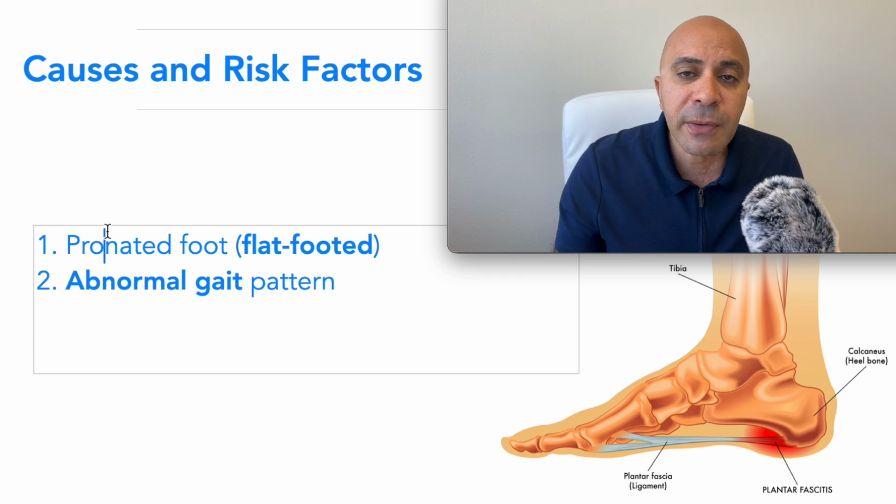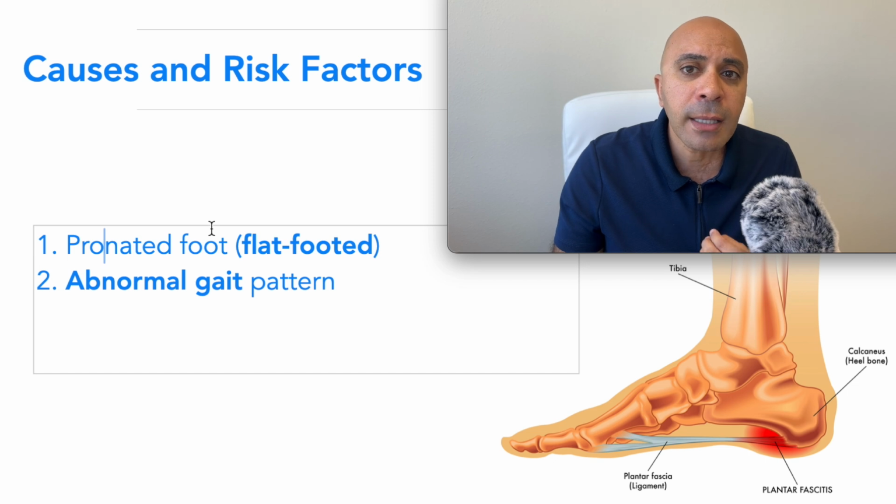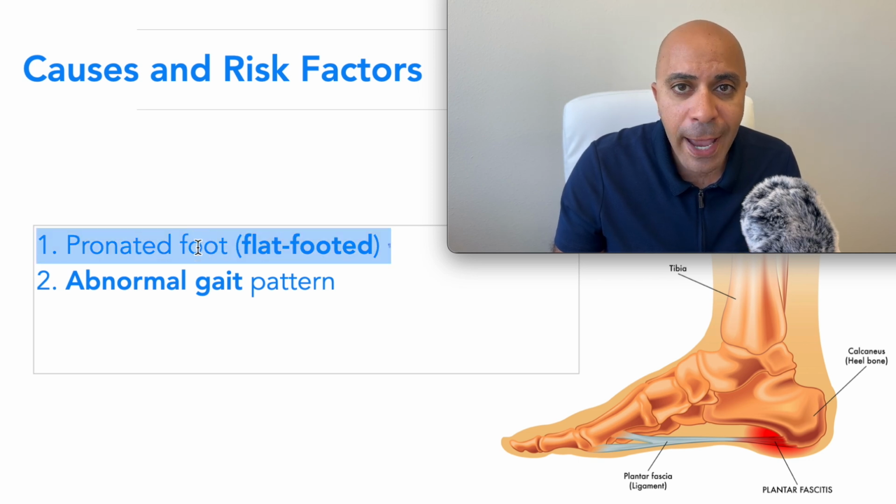So proper evaluation will help to determine if the pronated foot is correctable or uncorrectable. If it's not correctable, there are orthotics and other exercises we can do to help with the pronated foot. But that is actually a very high risk factor or cause for plantar fasciitis.